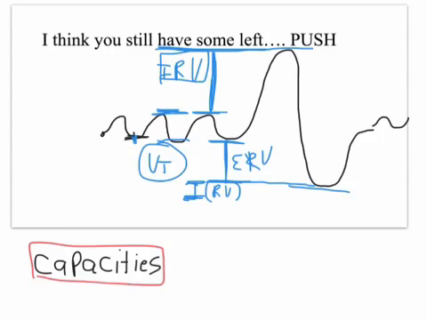Then you have something else called capacities. Capacities are the sum of two or more volumes. So a specific volume 1 plus another specific volume 2 is equal to a specific capacity. Now, for example, if I start from this breaking point right here, I want to include both this and this breaking point.